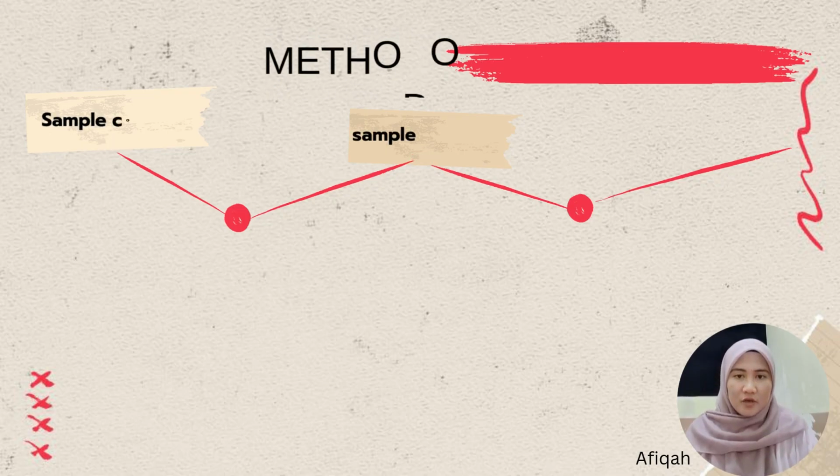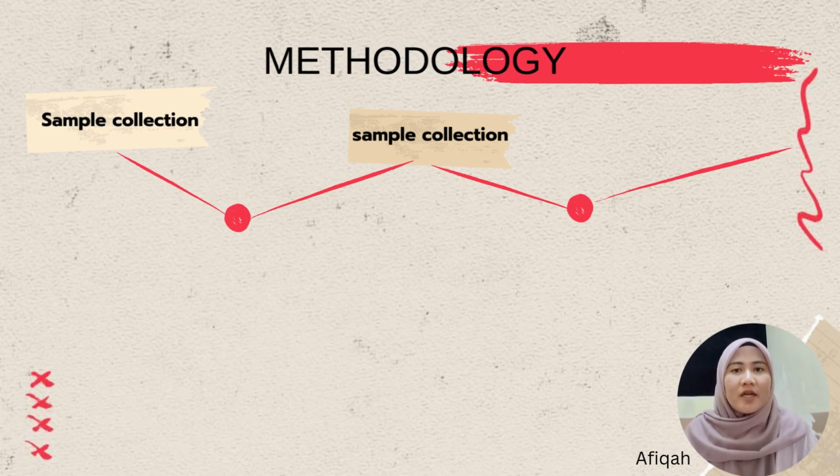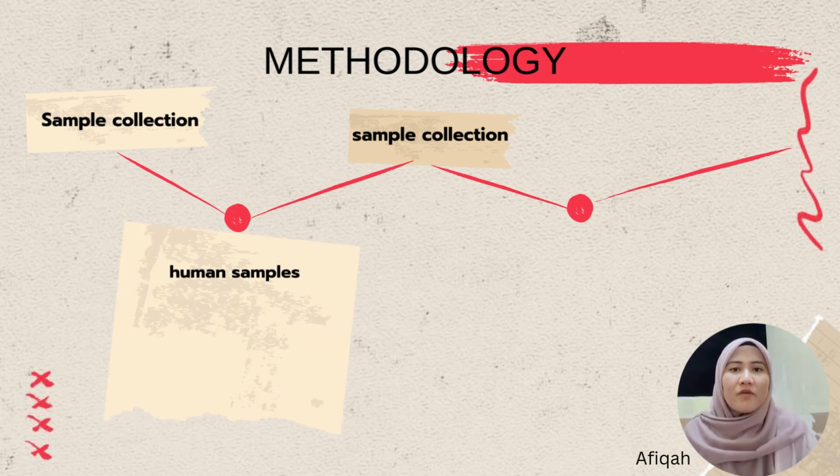For this study, we analyzed a total of 225 femoral bone samples. The femur was chosen because it has a consistent structure and reduced anatomical variation, which helps improve the NIR accuracy. From these, 99 samples were human bones taken from real forensic cases.